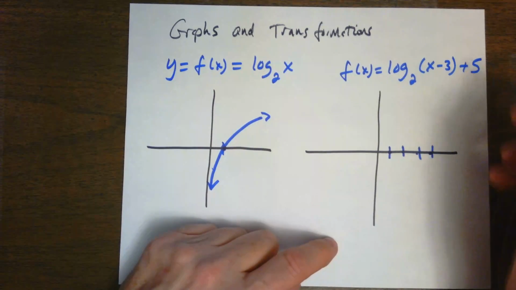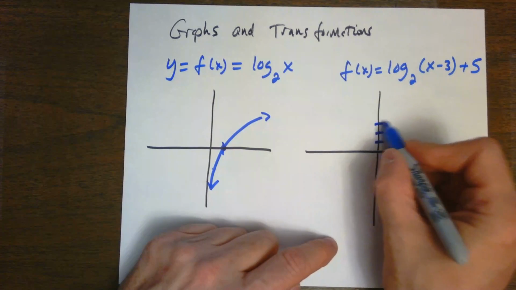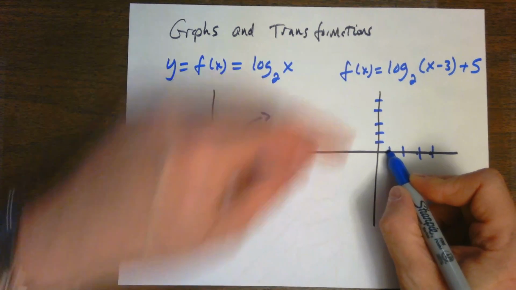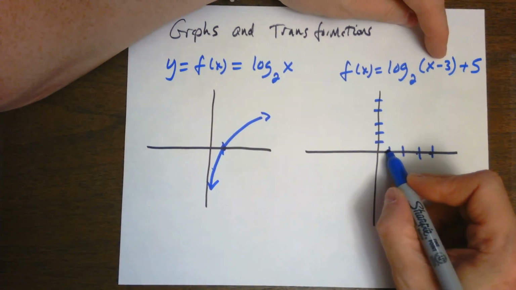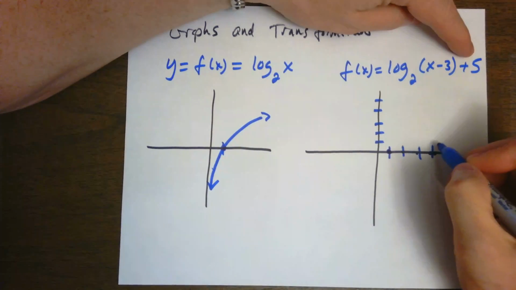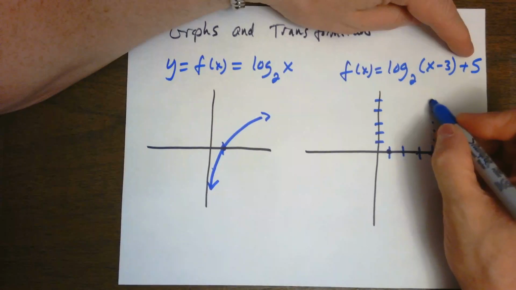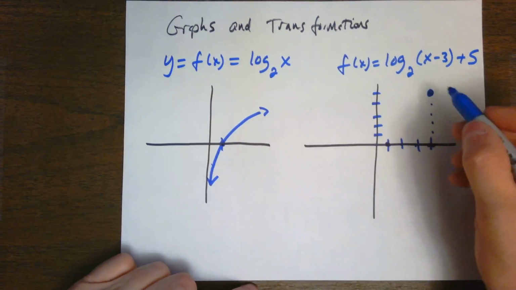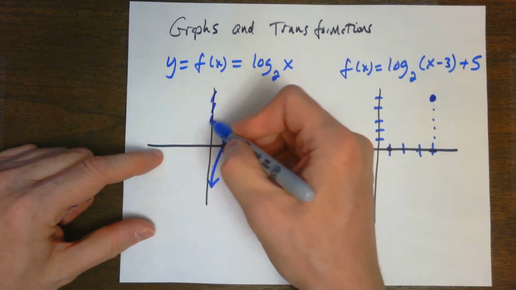What's that plus 5 doing? Moving it up 5. 1, 2, 3, 4, 5. So I'm starting here, moving it right 3, 1, 2, 3, and up 5, 1, 2, 3, 4, 5. There it is. There's my new anchor point. So this point becomes that point.